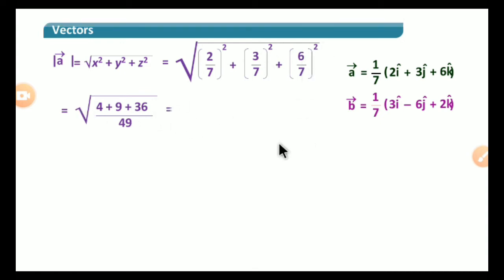So here we have the square root of 49 by 49, which is equal to the square root of 1. So the square root of 1 is equal to what? 1. Therefore, A is a unit vector.